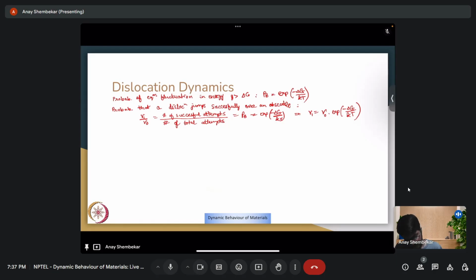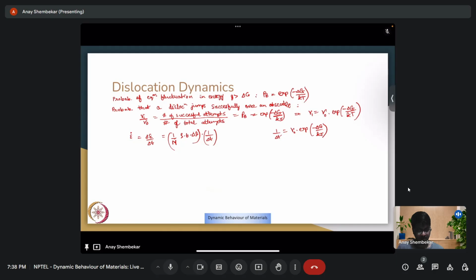One more expression is epsilon dot, which is delta epsilon by delta t. Delta epsilon we can write as 1 over m, which is the orientation factor, times rho b delta l, into 1 by delta t. And 1 by delta t we can write as nu naught times exponential of minus delta G by kT.